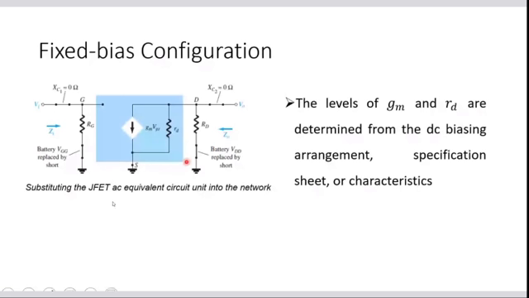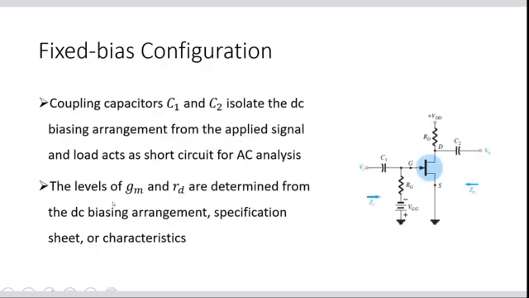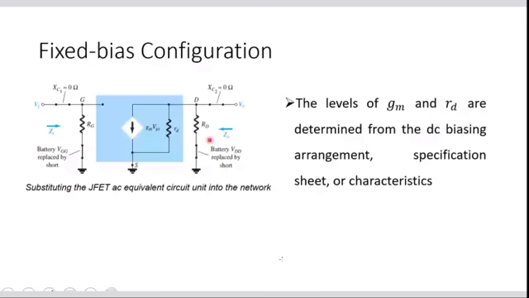To be more clear, the gate terminal is connected with RG, and the RG resistor is grounded, and RD is connected with the drain terminal, and that too is grounded. We can clearly see that in the next slide. RD is grounded, RG is grounded. So within this we have the AC equivalent circuit in place of the JFET.